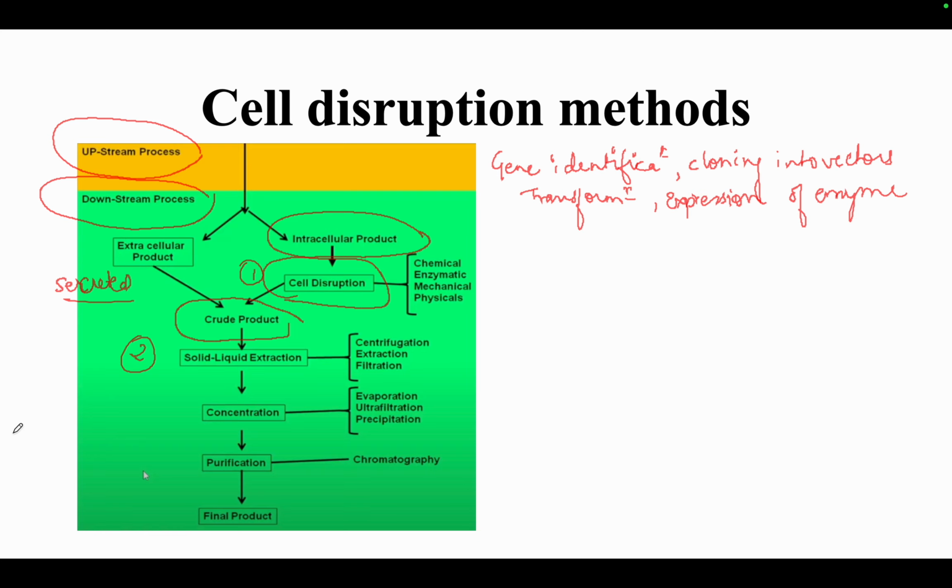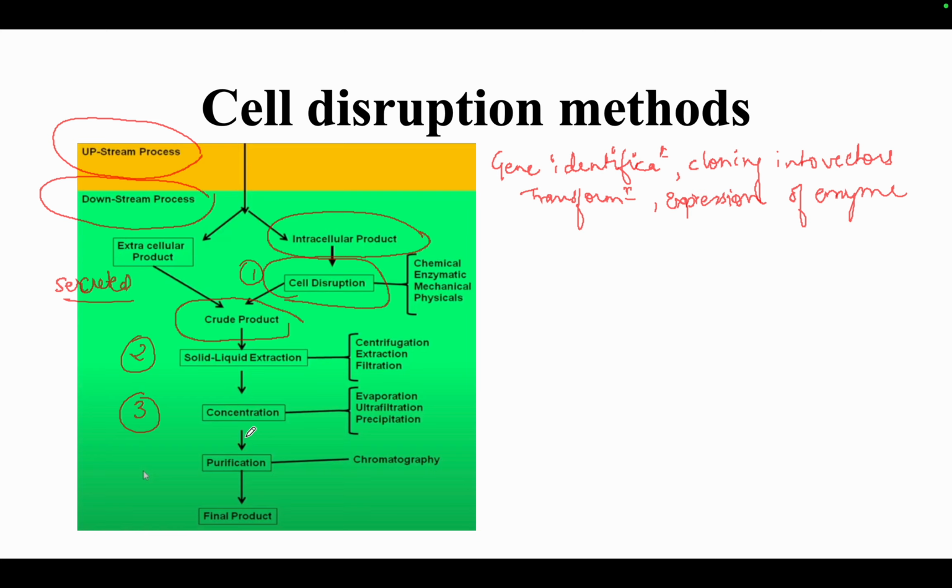So the next step is to get the protein extracted from the liquid fraction, solid-liquid separation. And then we can further concentrate the protein crude extract by using different techniques like evaporation, ultrafiltration, and precipitation.